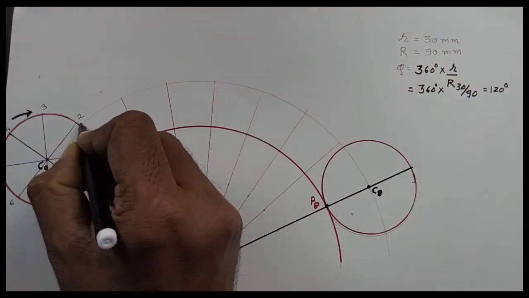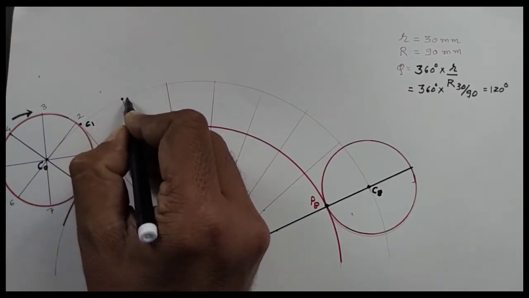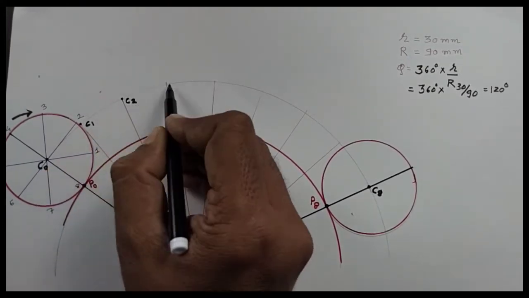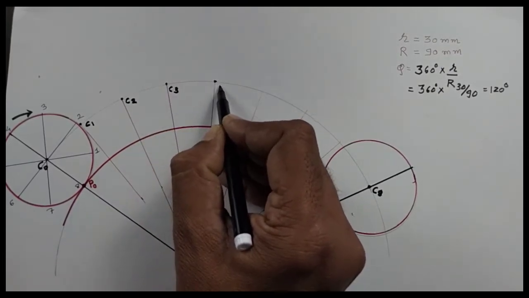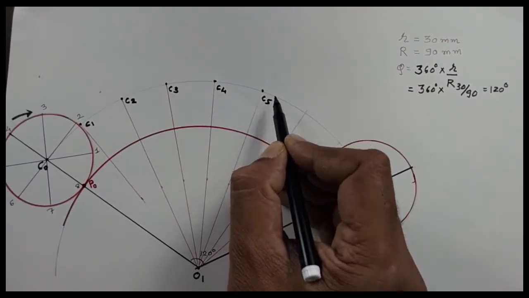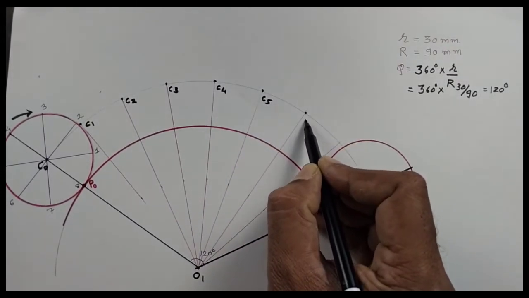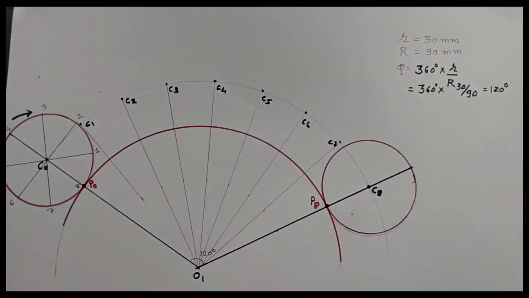That intersection we call C1. It is our C2. This is our C3, C4, C5, C6, C7 and C8. Already we marked the final position.